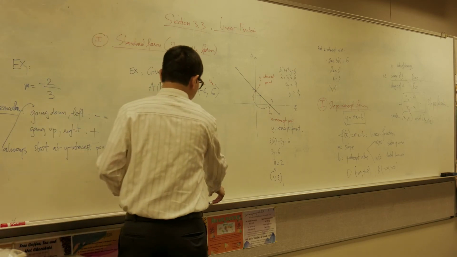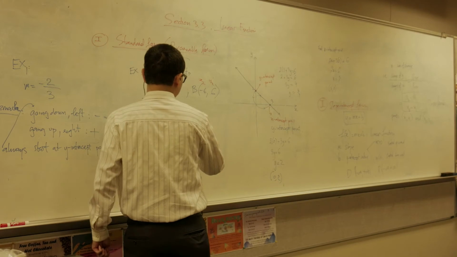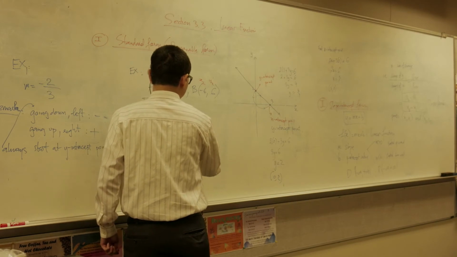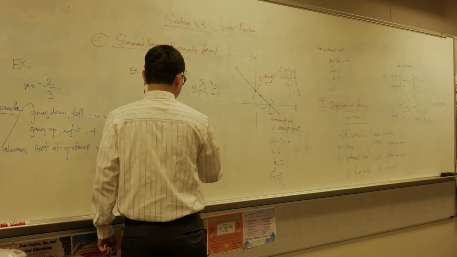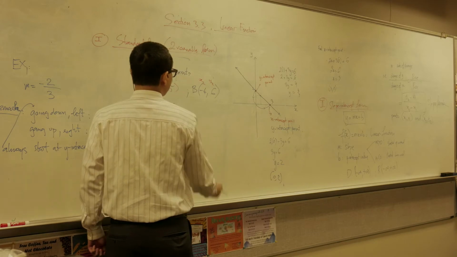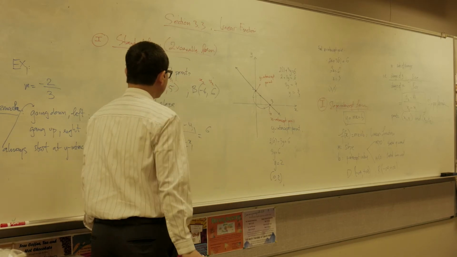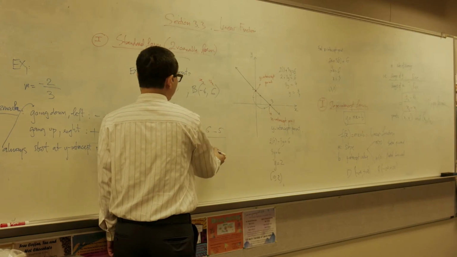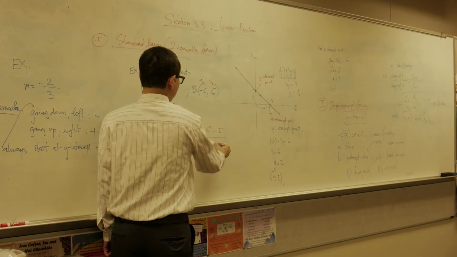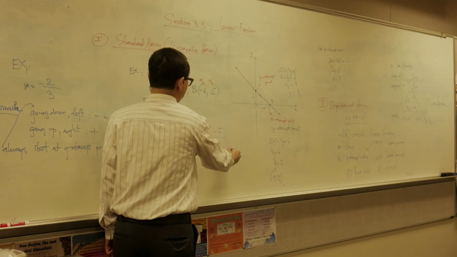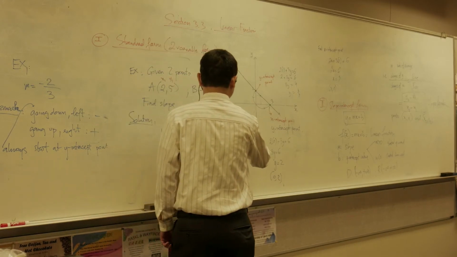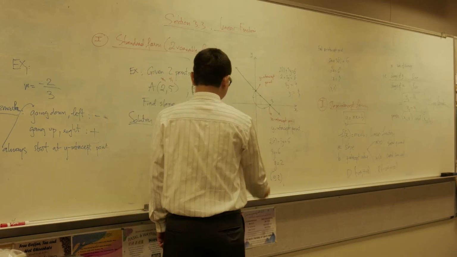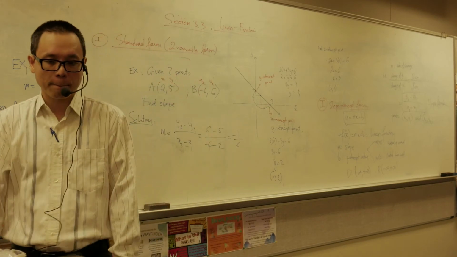Just go ahead and plug them in. Let me rewrite the formula. y2 will be 6, minus 5, over x2, which is negative 4, minus 2. So it'll give you 1 over negative 6.